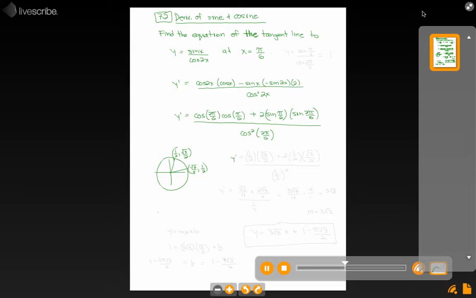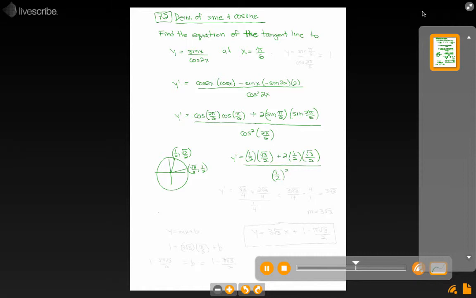So my value, my derivative here is a half times root 3 over 2 plus 2 times 1 half times root 3 over 2 divided by 1 half squared.